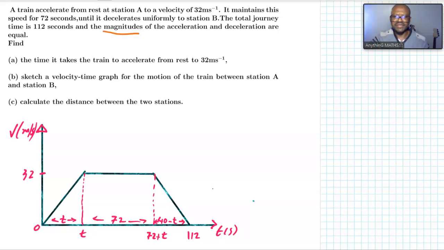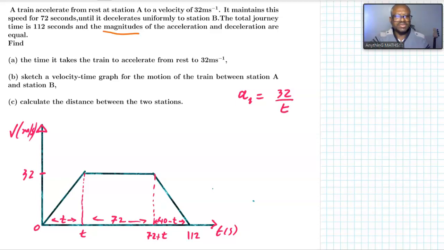So we're going to use the information given to us. Okay. Now we know the acceleration. Let's define the acceleration to be a1. So a1 from the graph is the change in velocity, which will be 32 minus 0, 32 over t.